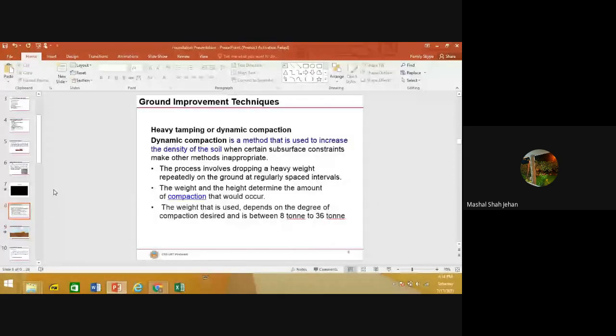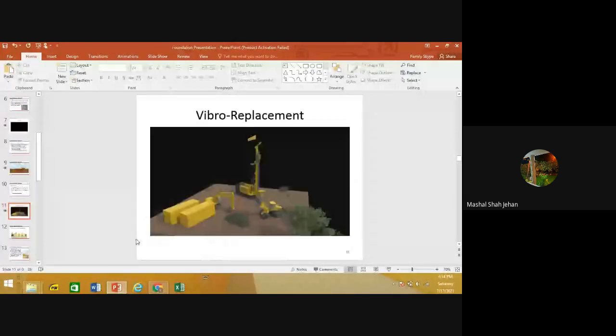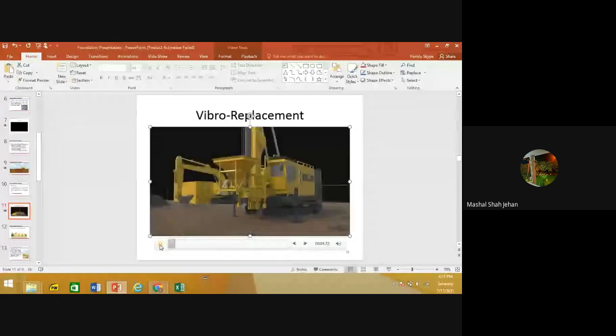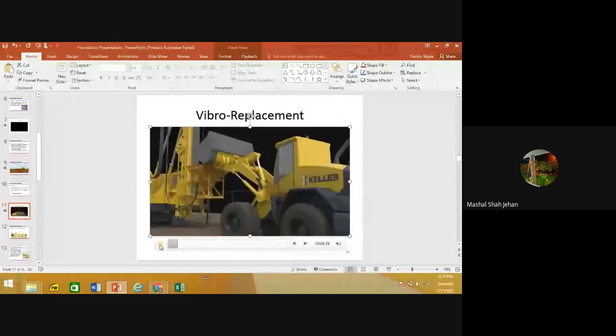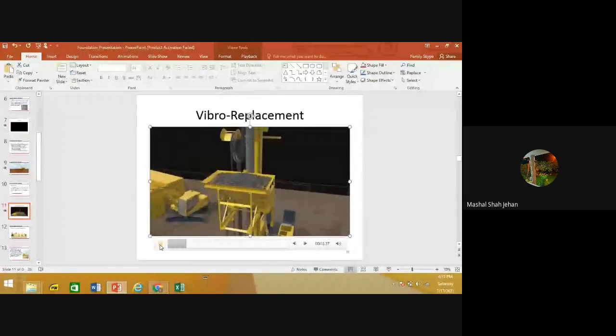Then there's vibro replacement. Going to its visual. This is the method of constructing densely compacted stone columns using a depth vibrator to densify the aggregate backfill in surrounding granular soils. The stone columns basically reinforce the soil.